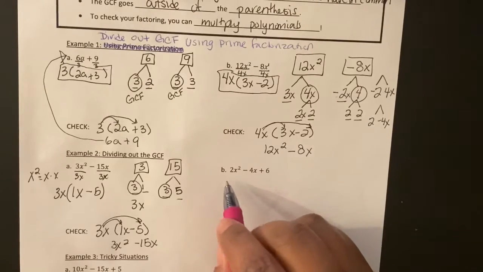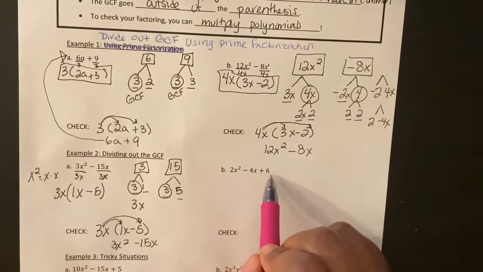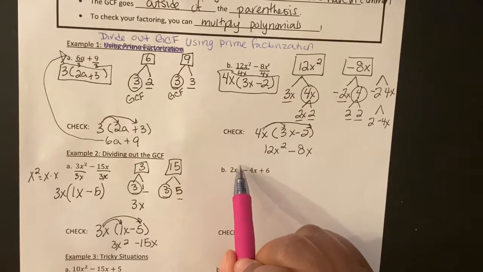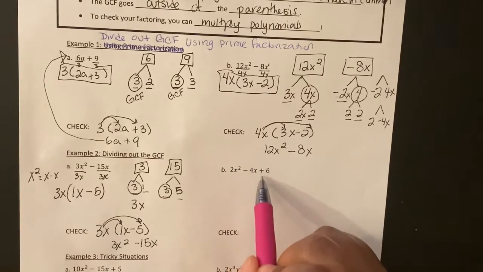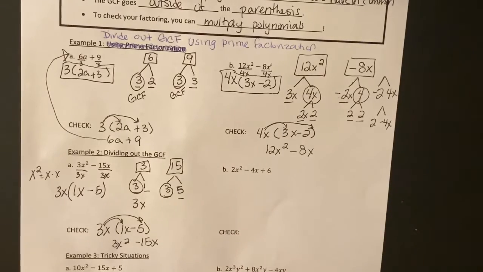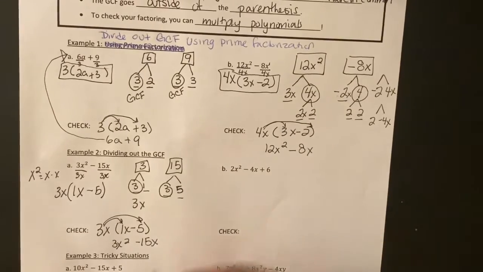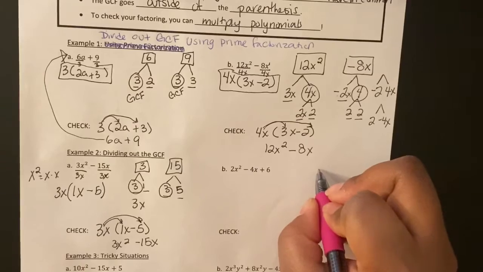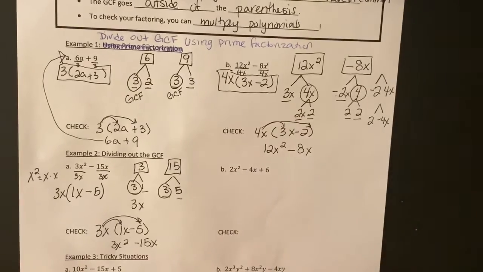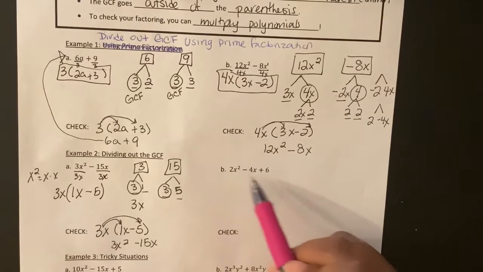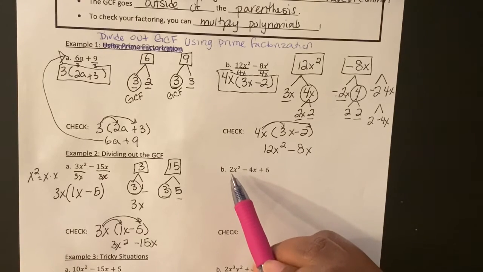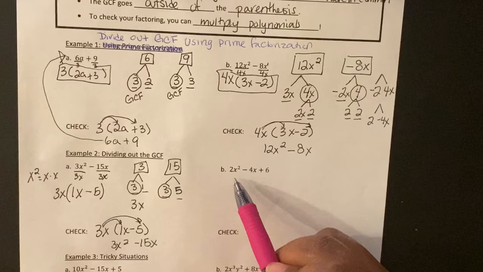Now we have a trinomial. So we have 3 terms. One is 2x squared. The second one is negative 4x. The third one is 6. We have to do our factorization of all of those numbers. Now you might be able to just look at the numbers and tell that 2 is going to be the largest factor.